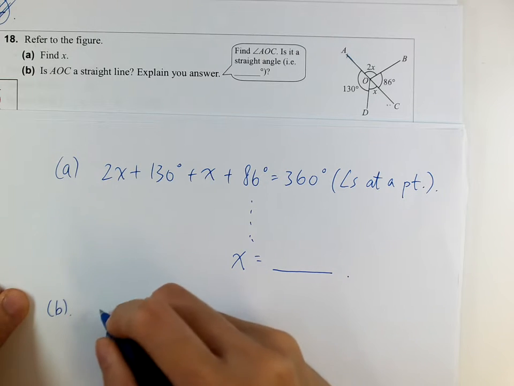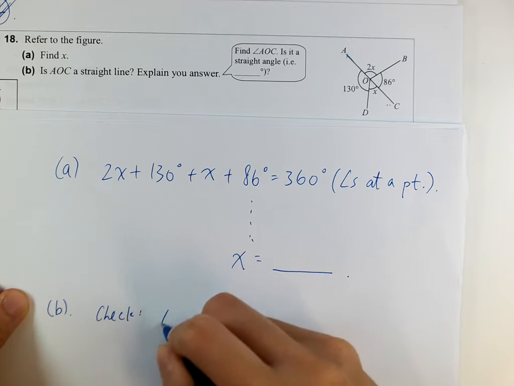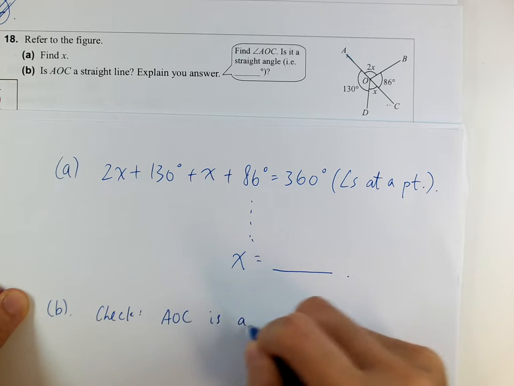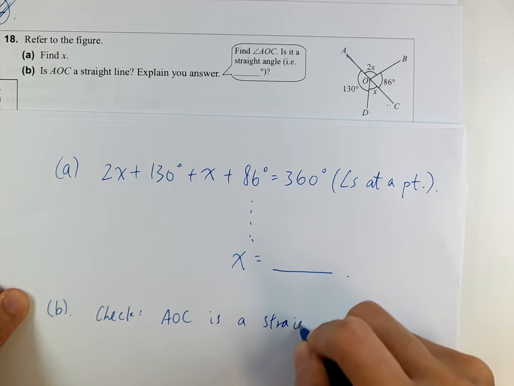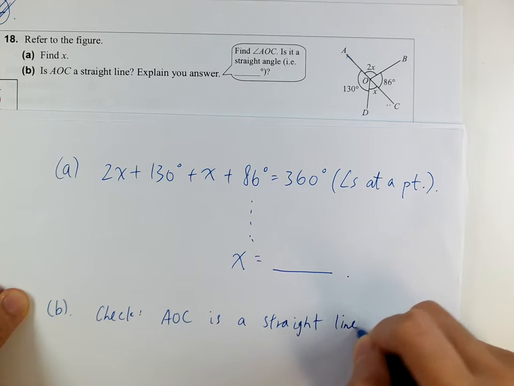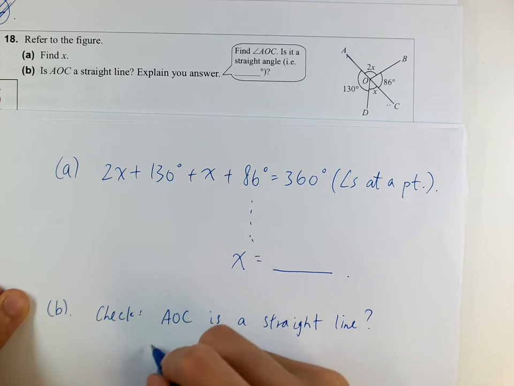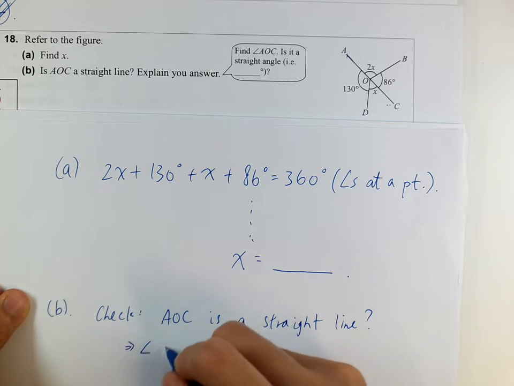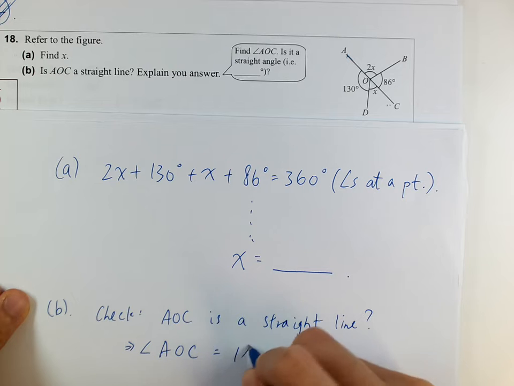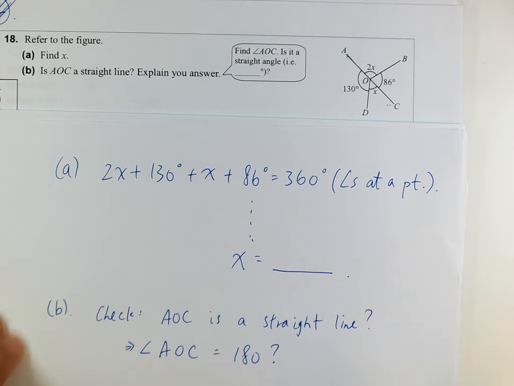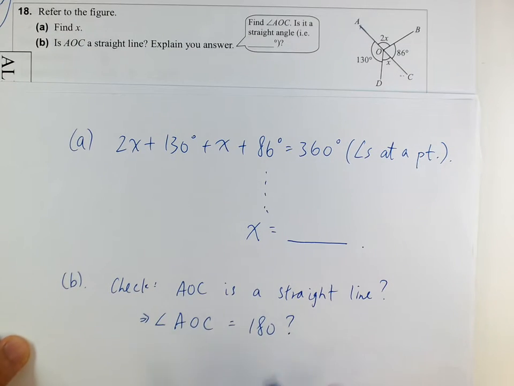Then after that, we need to check if AOC is a straight line. It's the same idea that we need to check if the angle AOC equals 180. So how do you check it? Very easy. Just find out the angle AOC.